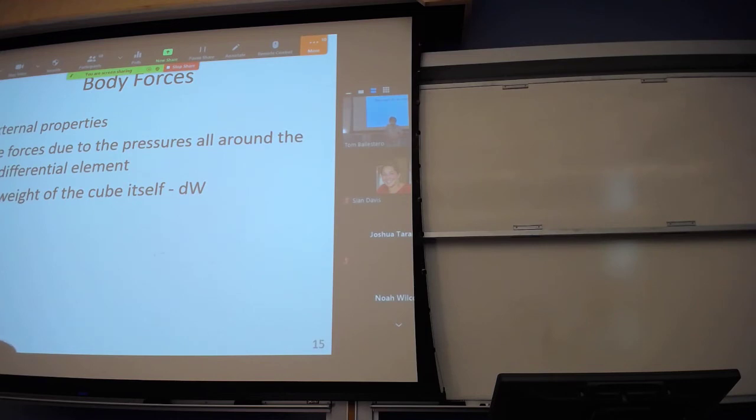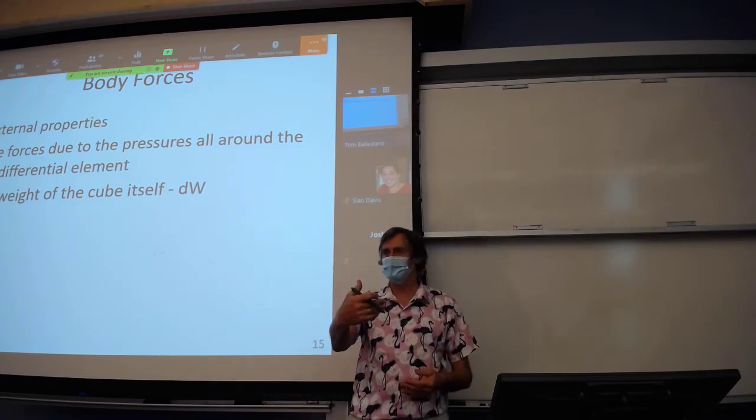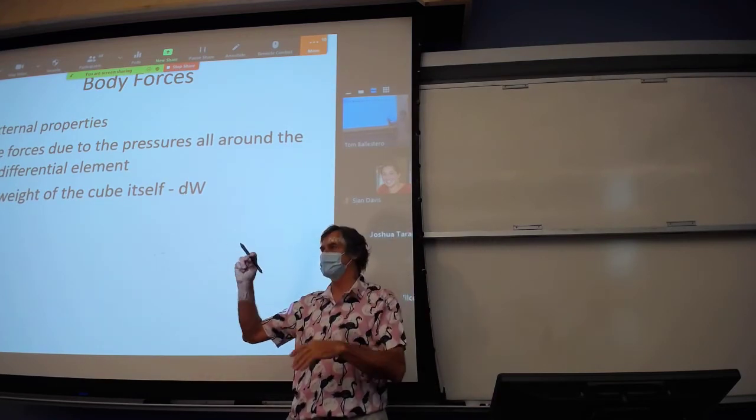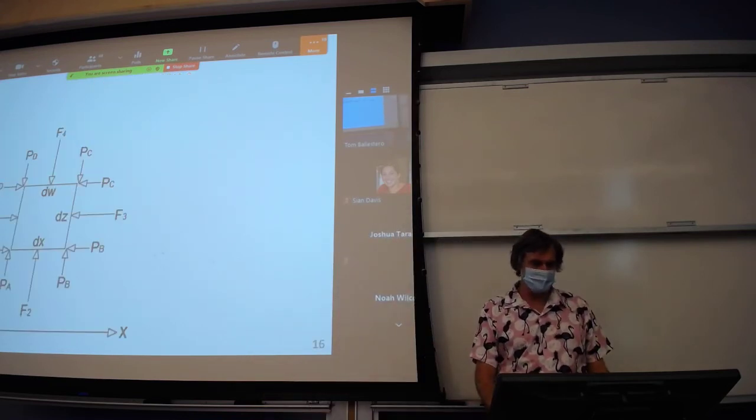Remember that? That wasn't so bad. Similarly, I want to calculate the weight of this element because that's a body force that's going to appear in our force balance. How would we calculate the weight of the element? Specific weight of the fluid times the volume of the element, dx, dy, dz. So dw we can calculate.